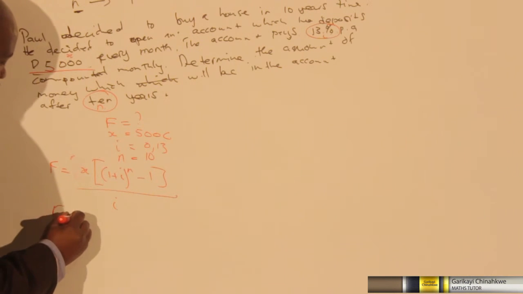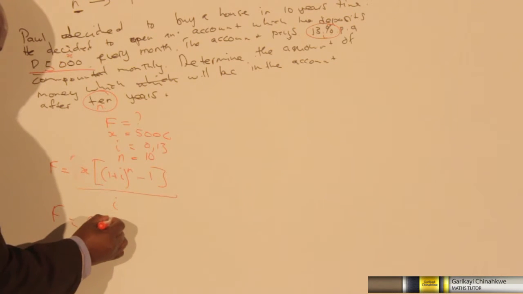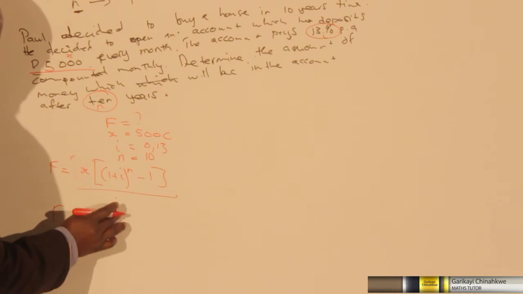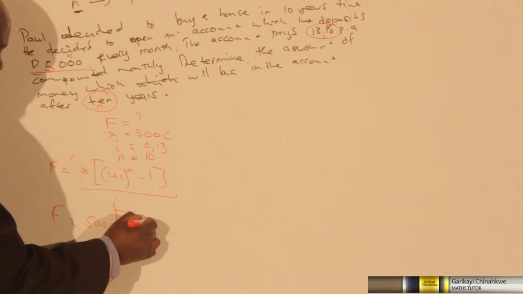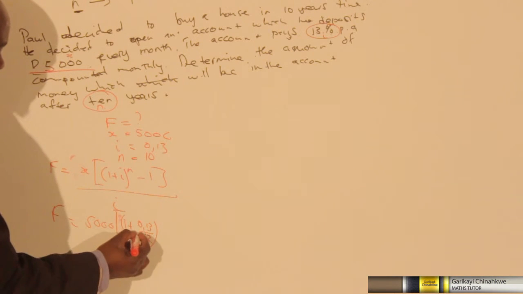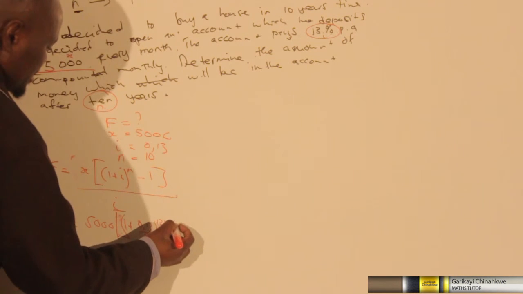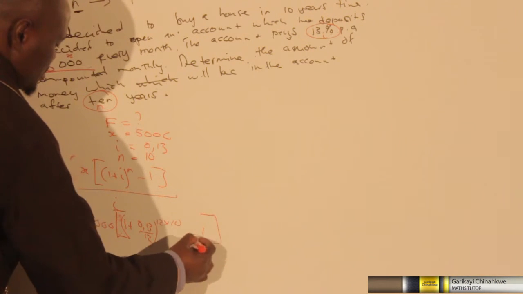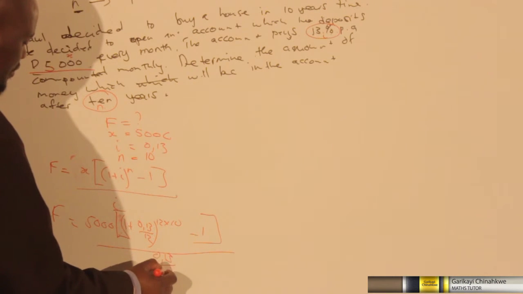Our X there is 5,000, big bracket 1 plus I, which is 0.13 over 12, because it's compounded monthly, to the power of 12 times 10, minus 1, over 0.13 over 12.